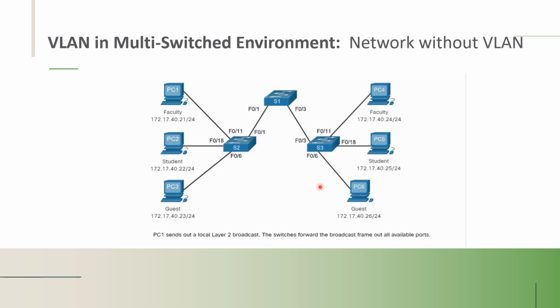As a result, when the faculty computer, PC1, sends out a broadcast frame, switch 2 sends that broadcast frame out of all its ports. Eventually, the entire network receives the broadcast because the network is one broadcast domain.